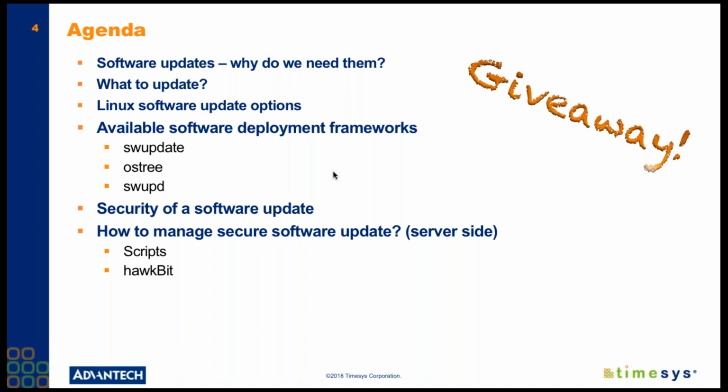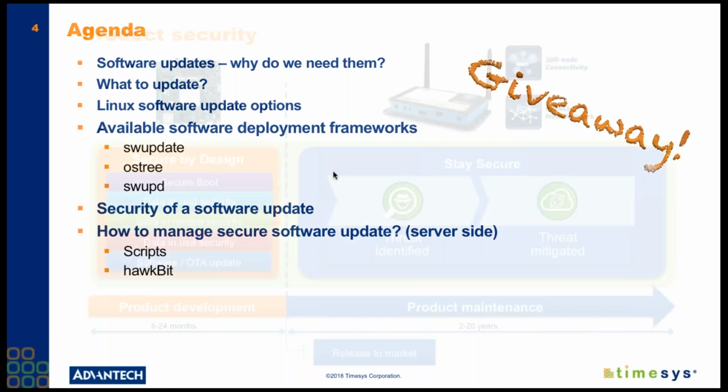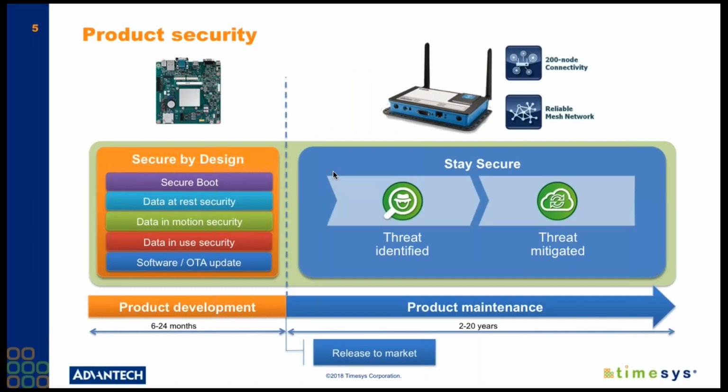So without further ado, let's jump into our presentation on the software update. We've been using this picture that you see in front of you for the past 3 sessions, so it's very natural that I bring this up again because it describes the complete security that you would typically look at when you design security into your device, and then when you deploy the device and you want to stay secure, right?